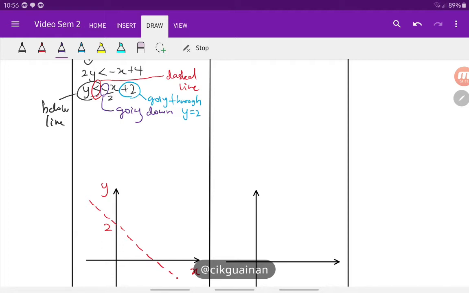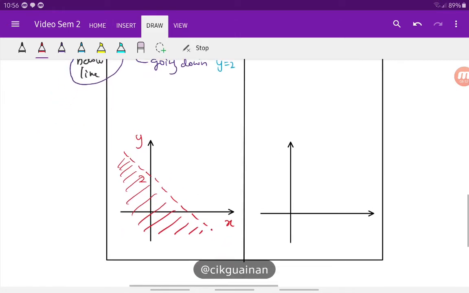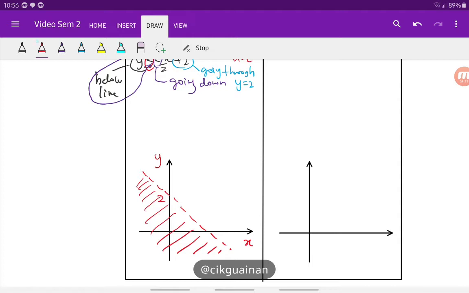Now, what is the region? Since we have y less than something over here, the region should be below the line. But to confirm whether we are correct or not, we are going to do a test point. What is a test point? We pick a point, maybe the origin.